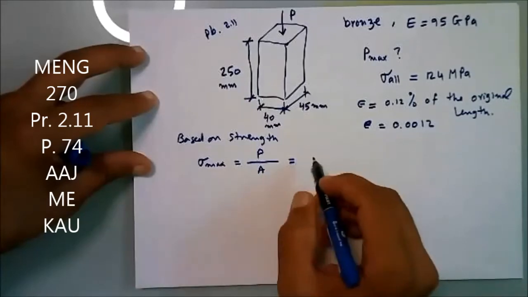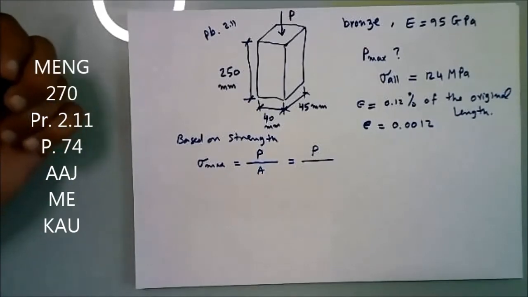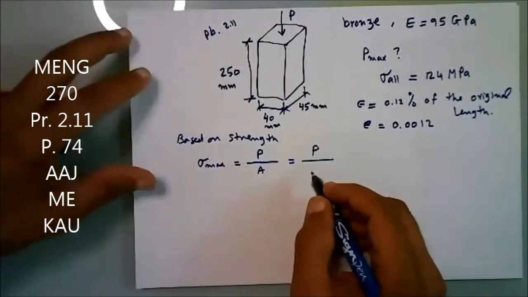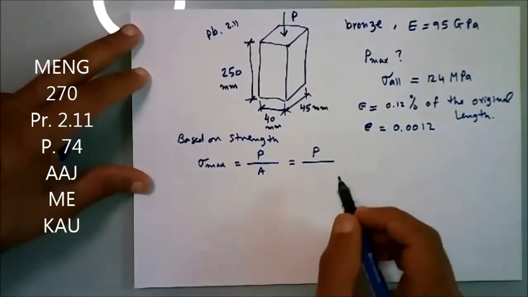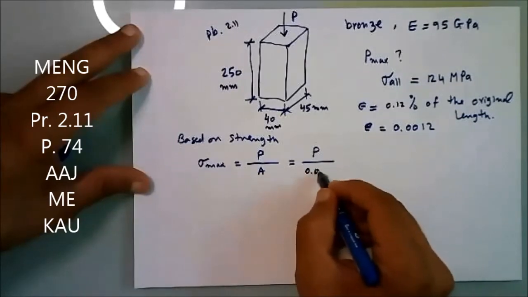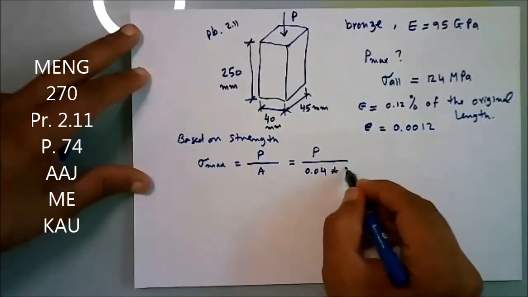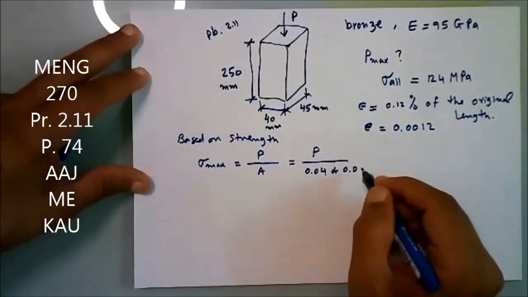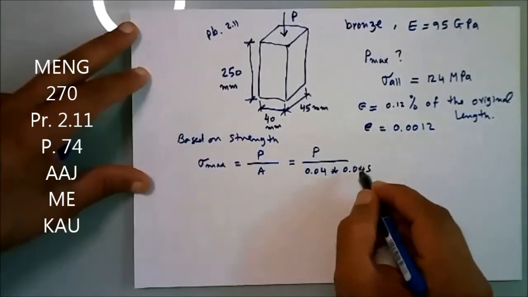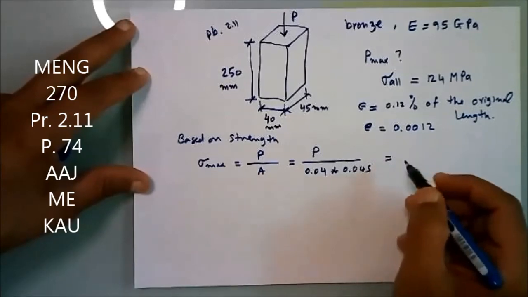What is the force here, guys? P is unknown, it is not given. The area, what is the area? 0.04 times 0.045. And this should be equal to what, guys?